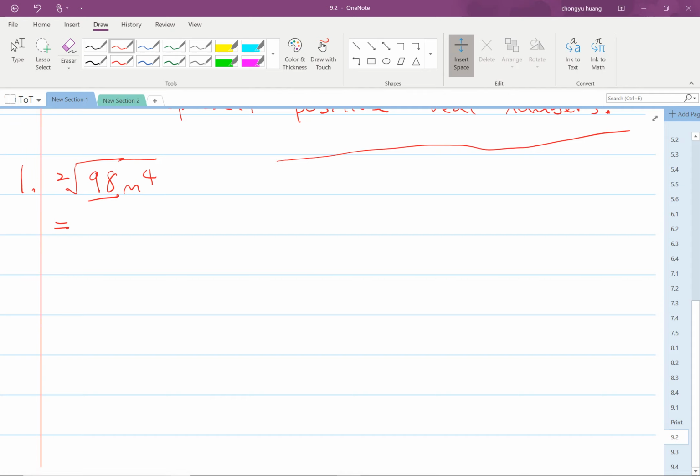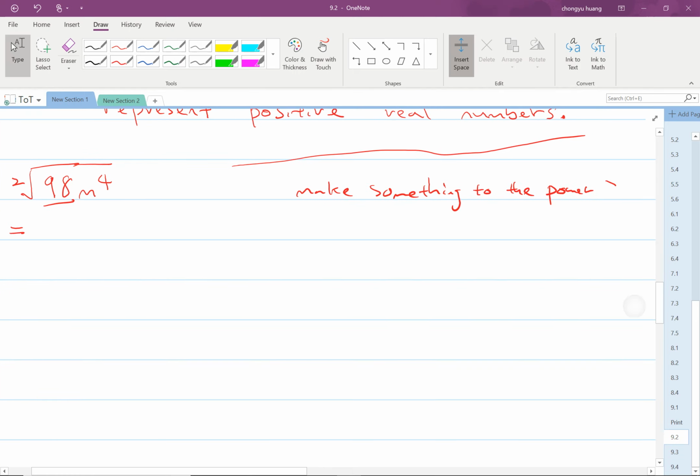As I told you before, how you solve a square root is you want to make something to the power 2, for example something like 4 to the power 2. That's the key idea about how you solve the square root: something to the power 2.